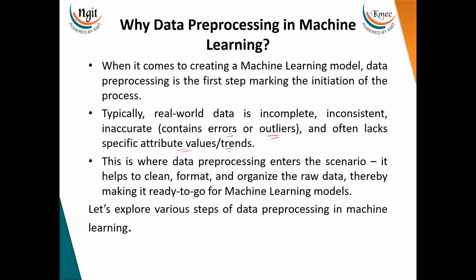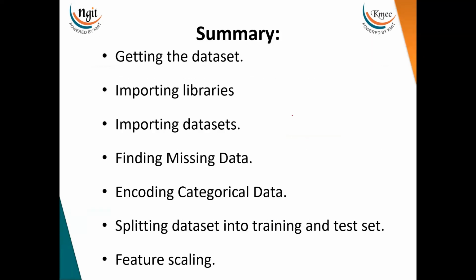So let us now explore the various steps of data preprocessing in machine learning. These are the various steps. The very first step is we have to get the data set, and then import the libraries. Then, whatever data set we have got, we have to import into a particular model, that is importing the data set.